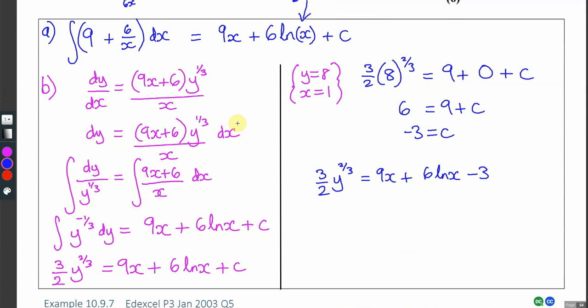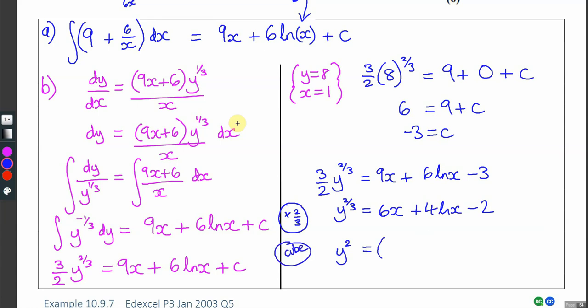The way I'm going to do it is I'm going to first multiply the whole equation by 2/3. And that's what I get from doing that. Then I'm just one step away from having y squared equals. All I need to do is cube both sides.